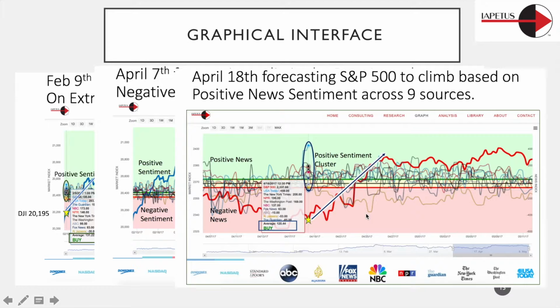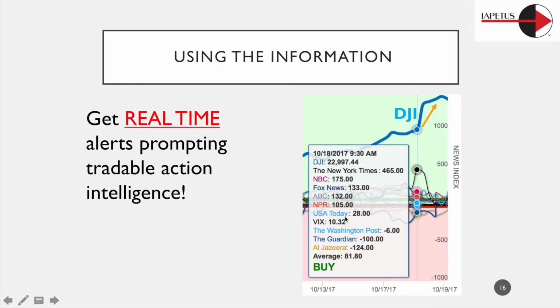Here's the S&P 500, same thing. So a positive sentiment cluster here for news. This value here meets a threshold, gives this recommendation. So using the information, this is a real-time alert prompting tradable action intelligence, right?